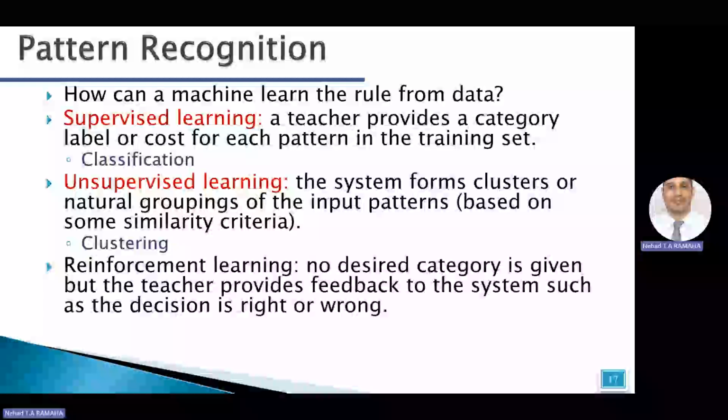I always say reinforcement learning is like kids learning, the same way of teaching kids. Okay, what is supervised? Supervised means you have a teacher. Now you have supervised learning because I'm the teacher giving you some information.